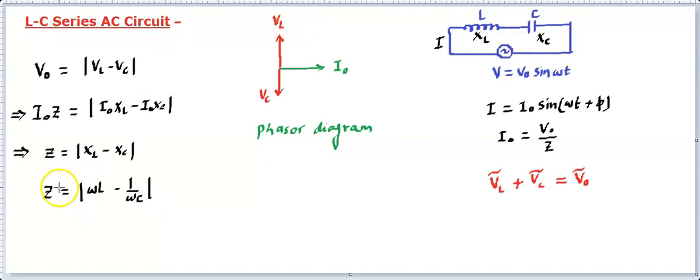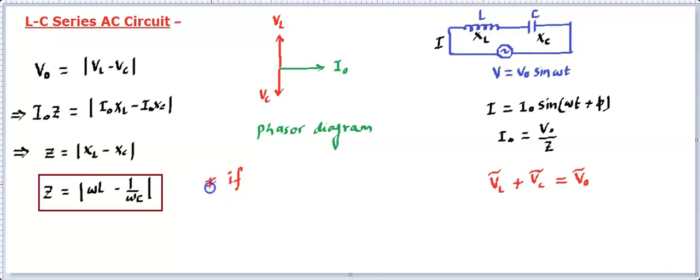Once we know this impedance value, then you know the value of I naught. It is simply V naught by Z. So from here you can find Z and find I naught. Moreover, we need to say something about phi. So depending upon the situation, let me write a condition.